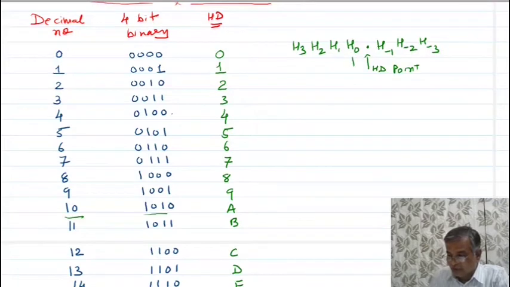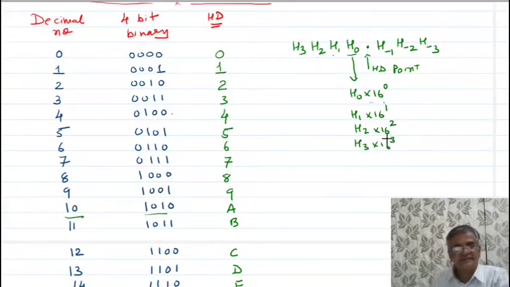The weight of h0 in the decimal number system is 16 raised to 0. If I multiply h0 by 16 raised to 0, I will get the equivalent decimal of h0. Similarly, if I multiply h1 by 16 raised to 1, I get its corresponding decimal value. h2 is multiplied by 16 raised to 2, and h3 by 16 raised to 3.